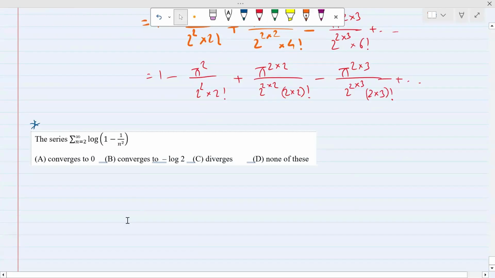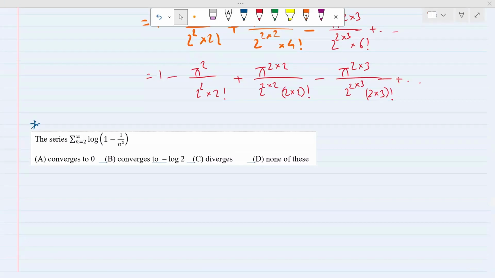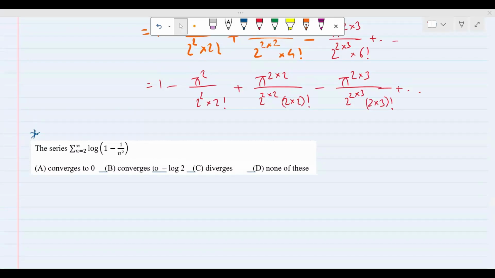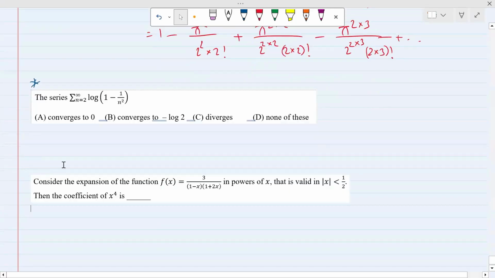Try out this problem. Or maybe we can discuss this problem.